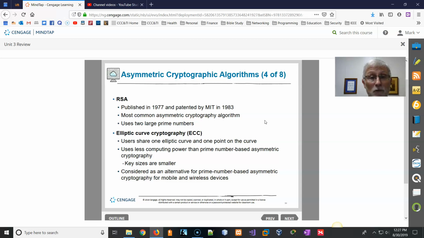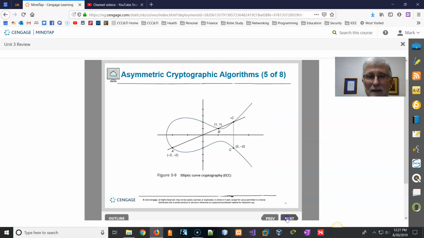In elliptic curve cryptography, users share 1 elliptic curve and 1 point on the curve. It definitely uses less computing power than the prime number approach. Its key sizes are smaller, and it's considered an alternative to prime number-based for mobile and wireless devices. So it may have some benefits.